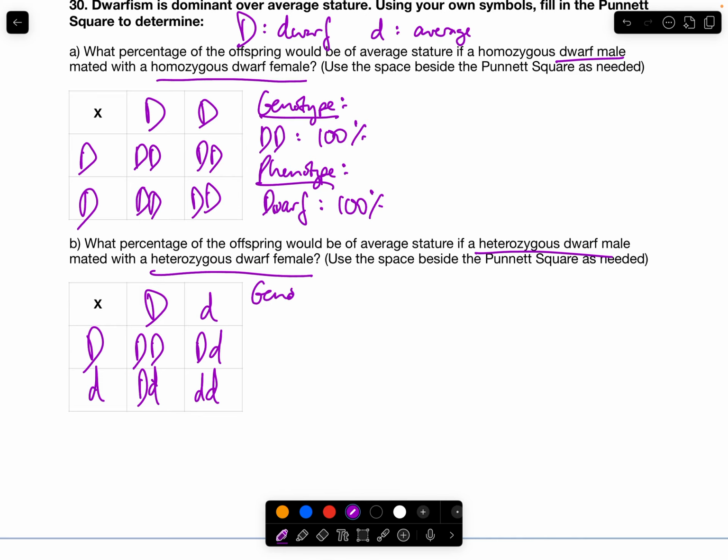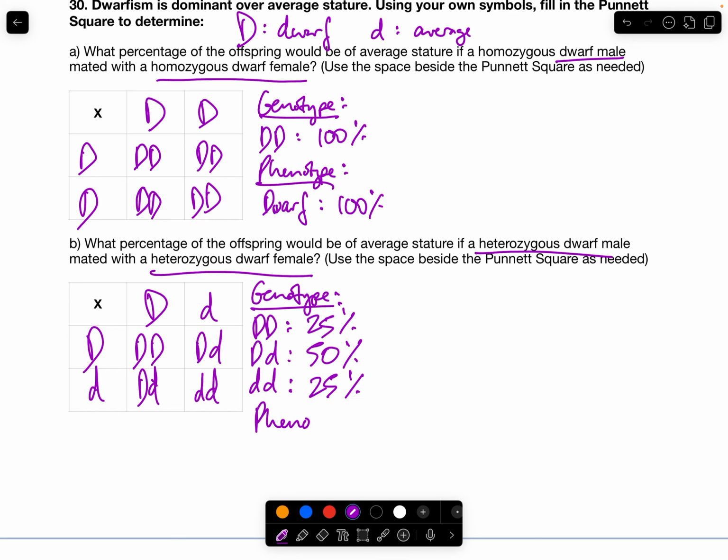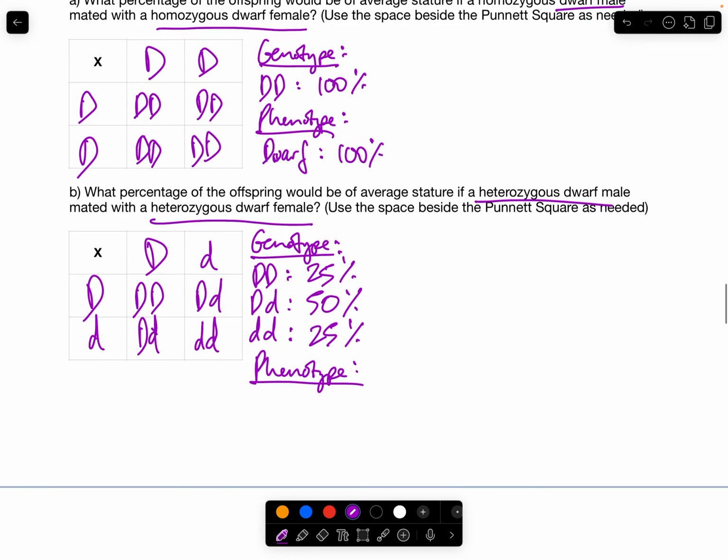So genotype, you've got big D's, you've got mix, you've got small d's: 25%, 50% is mix, 25%. Phenotype, dwarf, 50% plus 25%, 75% dwarfs. Average is 25%.